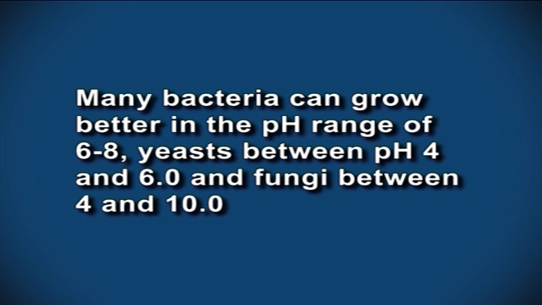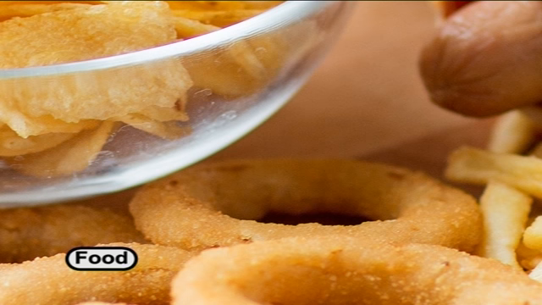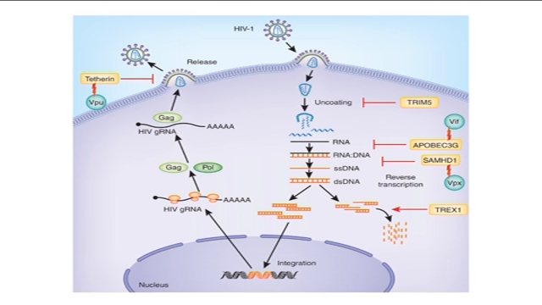Many bacteria can grow better in the pH range of 6 to 8, yeast between pH 4 and 6 and fungi between 4 and 10. Many lactic acid bacteria have the ability to grow in acidic range of foods. Change in the pH affects the enzyme activity, permeability of membranes, solubility of cellular constituents and shifts the metabolic activity.